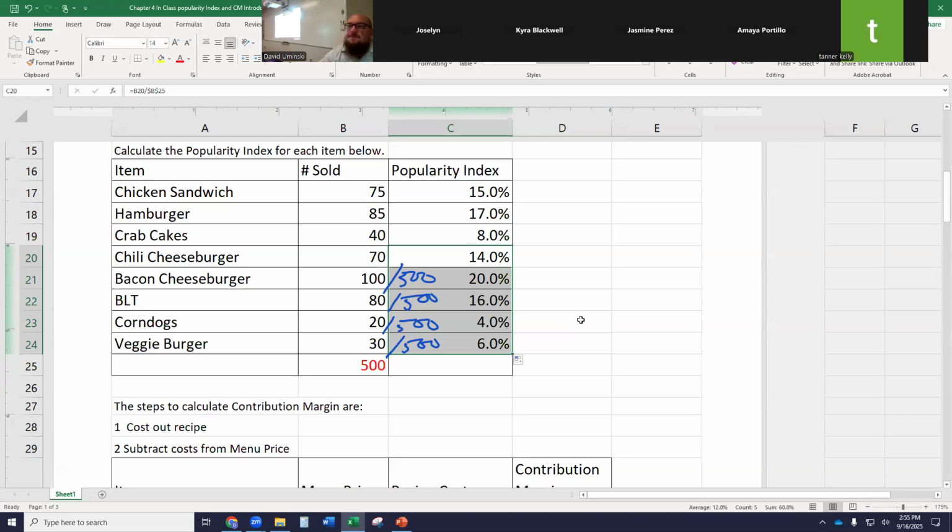Yes, sir. Do we divide it by the whole or by the 20 point, like say, the bacon cheeseburger, 100 divided by 500, is that 20.0, or do we divide it by the whole number, so just 20? The 20 is fine. But the 20 is our answer. That's where we stop. Yeah, that's our answer. 100 divided by 500 is 20%.